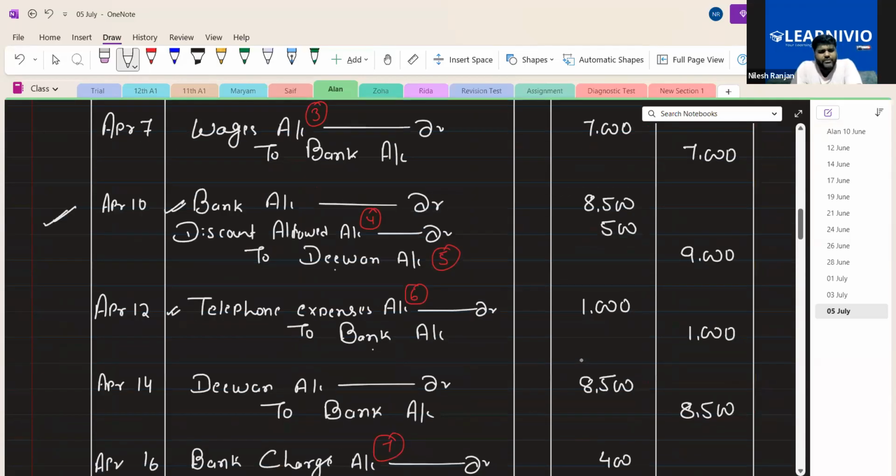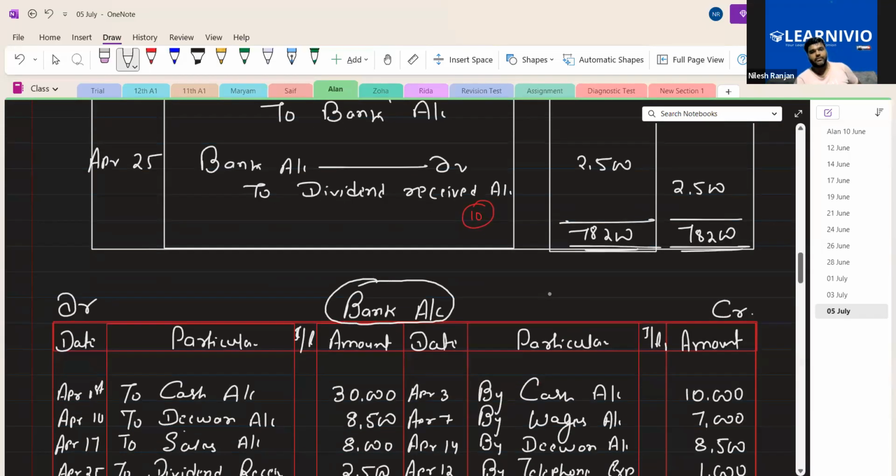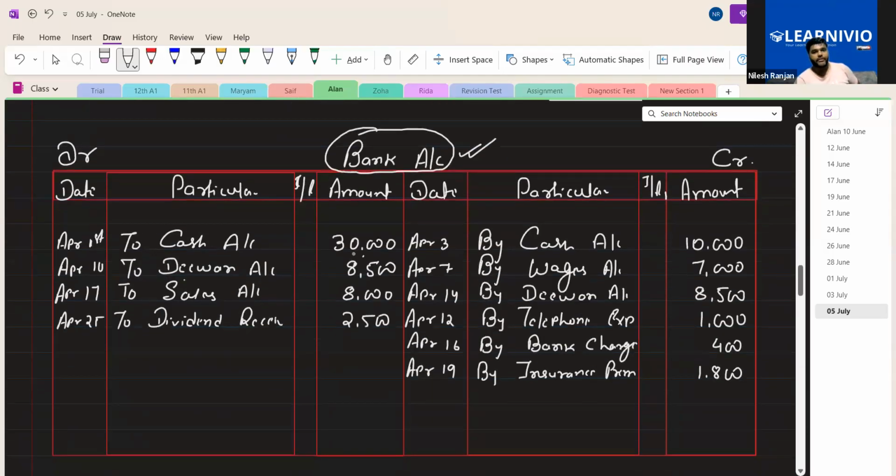Actually, the simple entry is very easy, but this April 10th entry, you can see in the bank account, it will be to Divan. In discount, it will be to Divan. And in Divan, it will be by bank and by discount. So in bank account, it will be 8,500.